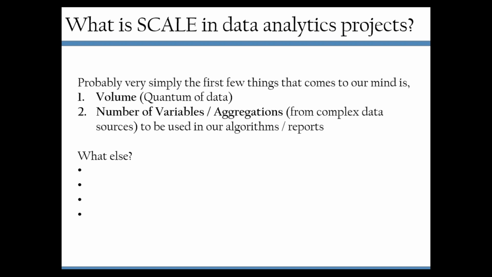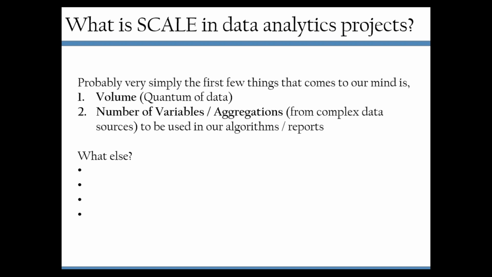Let's first define what scale is in a data analytics project. Very simply, two things come to mind. First, the amount of data that we have, the quantum of data, or the volume. The second thing that quickly comes to mind if you're working on the data science side is how many variables we are working with. How would I deploy my model for a large amount of data?